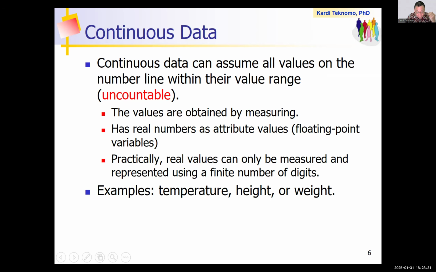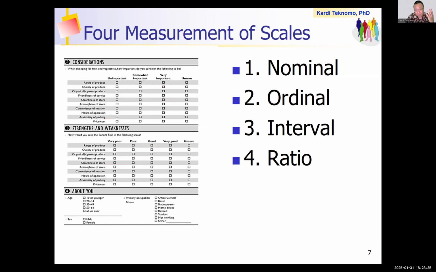So to make it simple, you have four measurement scales: nominal, ordinal, interval, ratio. The first two are qualitative, and numbers 3 and 4 are quantitative. And this is in order: nominal first, then ordinal, then interval, and then ratio.